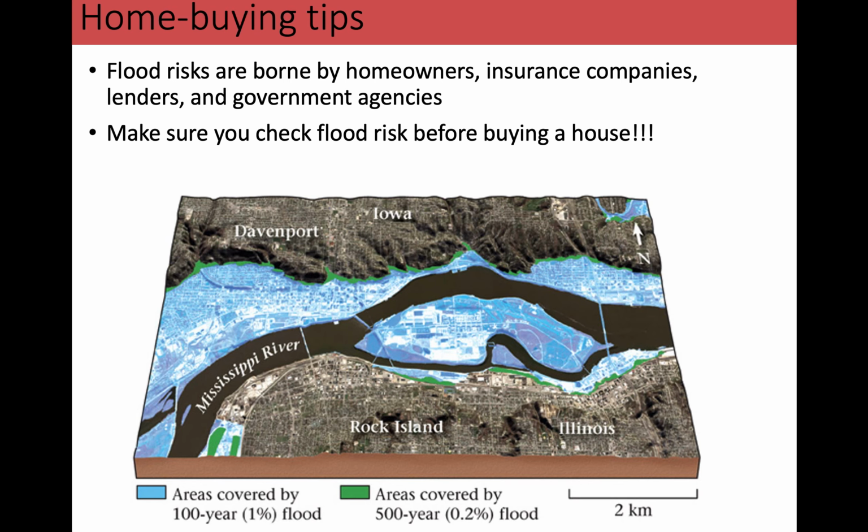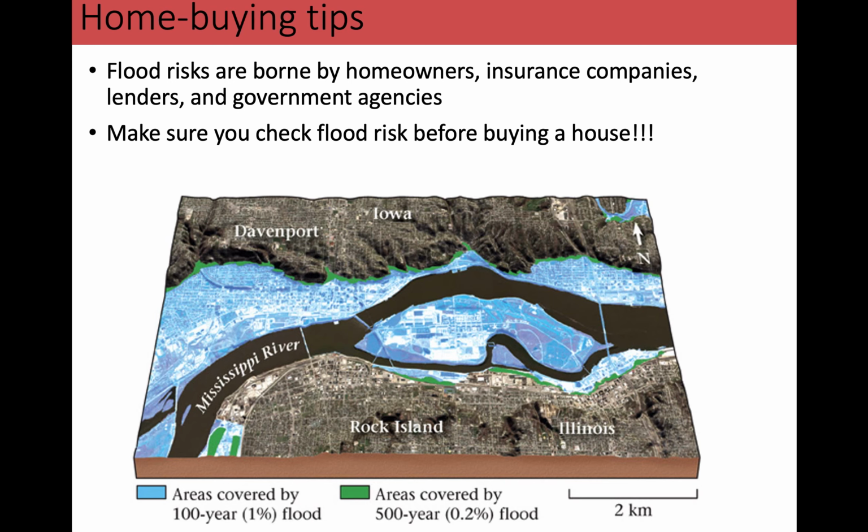Flooding can be very, very difficult to get covered by insurance. So if you were to buy a house, please make sure that you check the flood risk. Are you buying a house that's within the 2-year flood zone? You're not going to get any insurance.